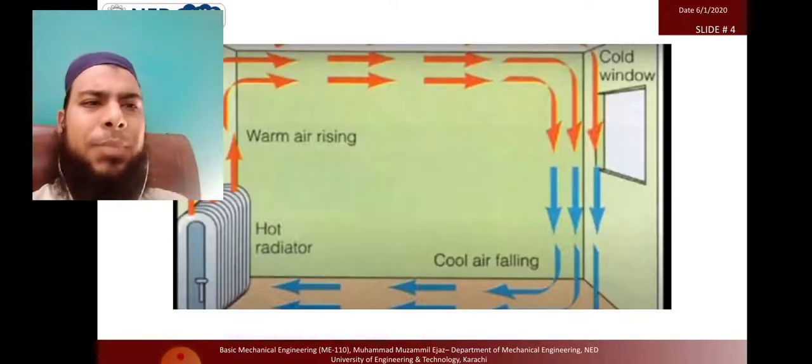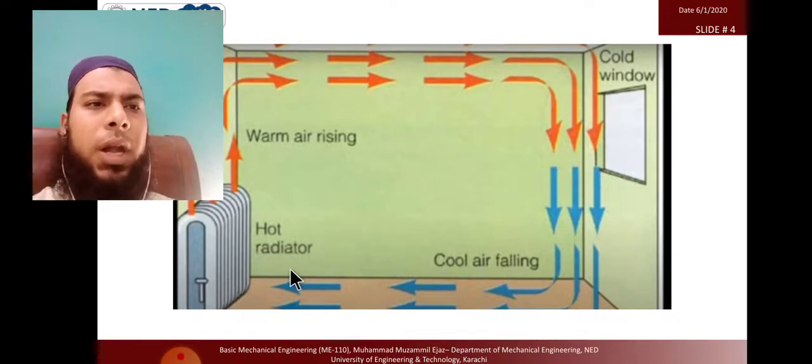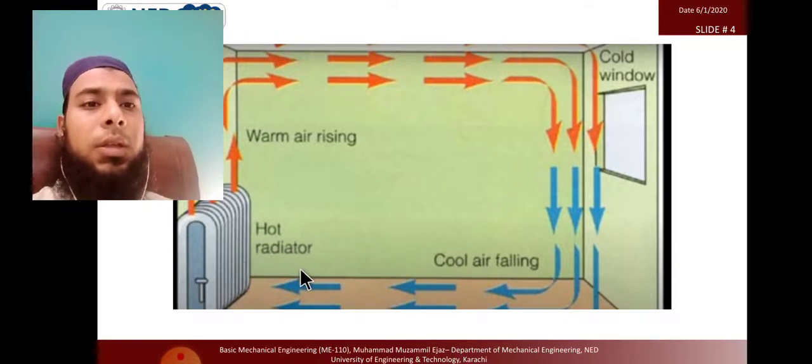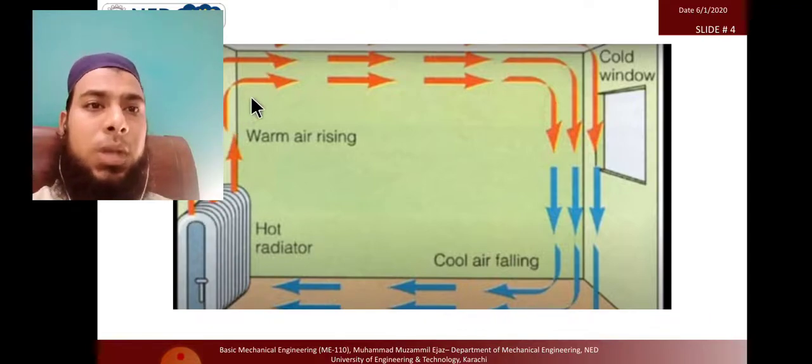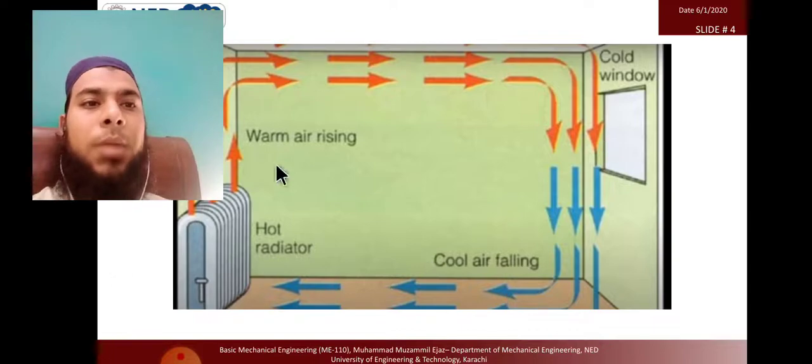Also we have the example of a hot radiator. The radiator is placed at the bottom, so when the cold air strikes it, the hot air goes above, and we have a uniform temperature in the room.